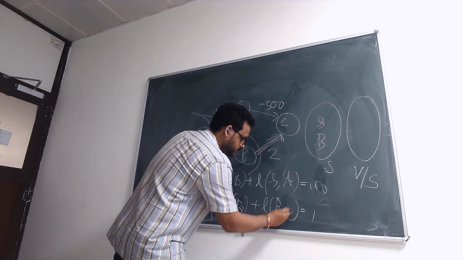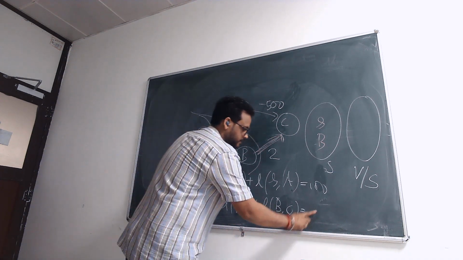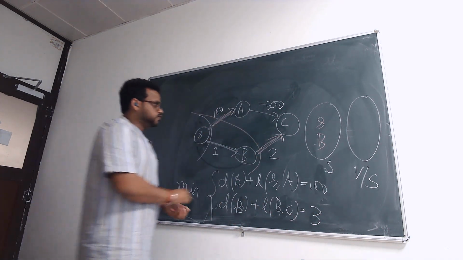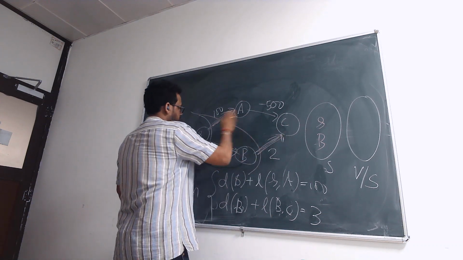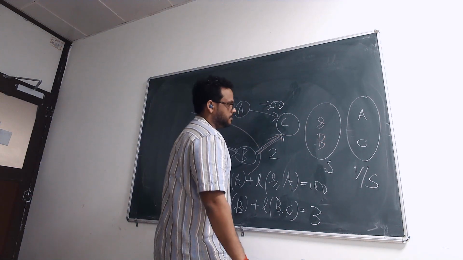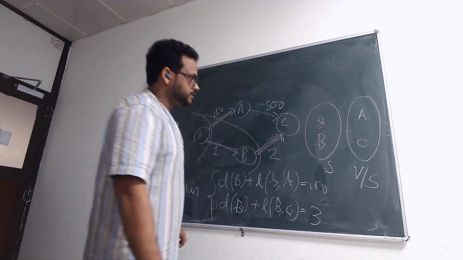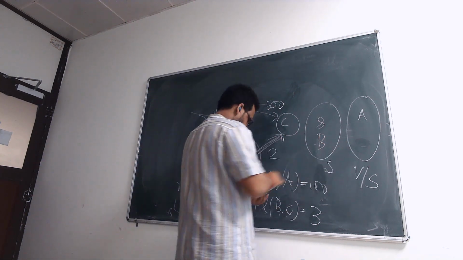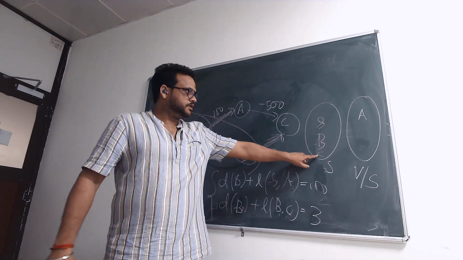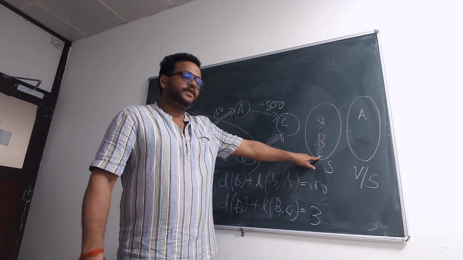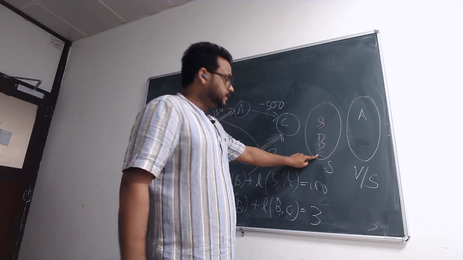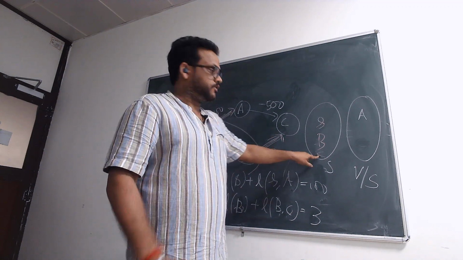B comma C. So this is nothing but 3. So the minimum is 3. So we'll bring C into the component. C was here, A was here before the second iteration. So now C will be part of this component. Once C is here, we know the shortest path and distance for C, so in future iterations we will not recompute the shortest path for it, as per Dijkstra's algorithm.